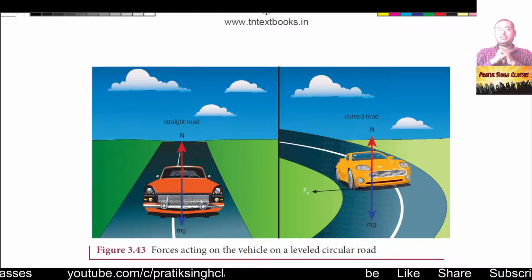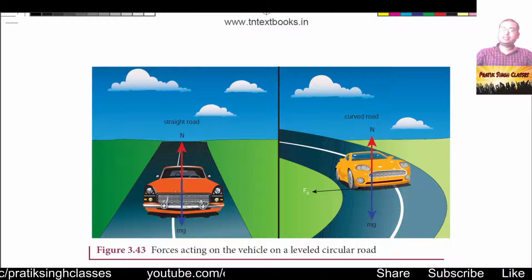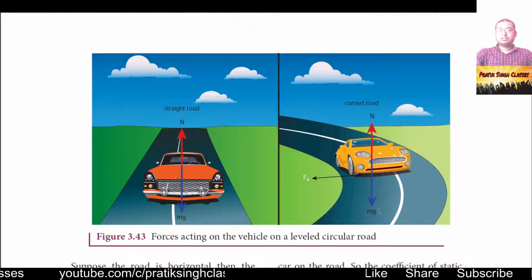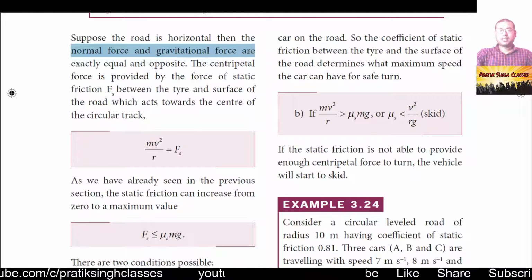In the second figure, the forces acting are mg downward, normal reaction or normal force upward, and the frictional force towards the center, and that will be the centripetal force. And that acts at the surface of contact, that means between the tires and the road. Suppose the road is horizontal, then the normal force and the gravitational force are exactly equal and opposite.